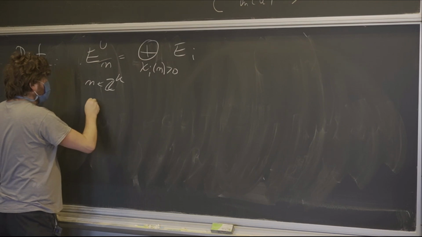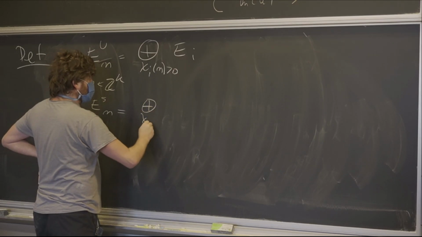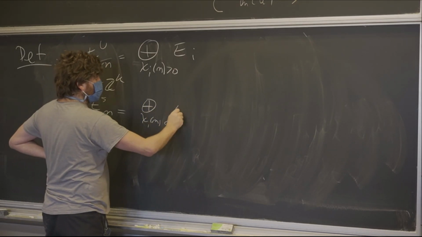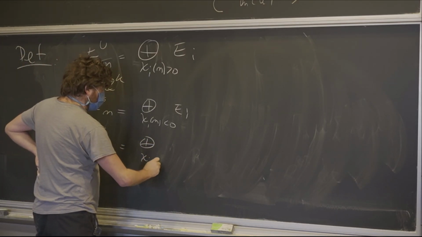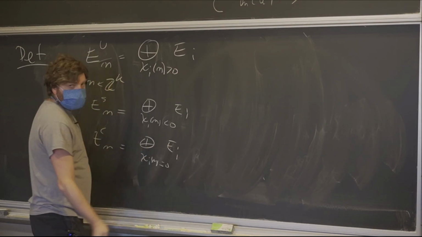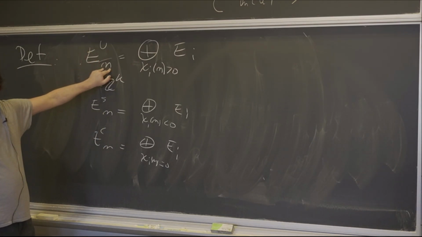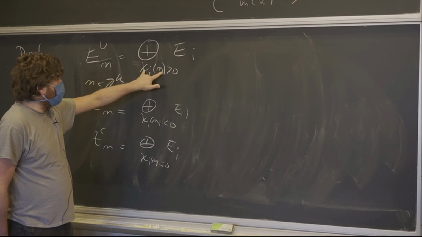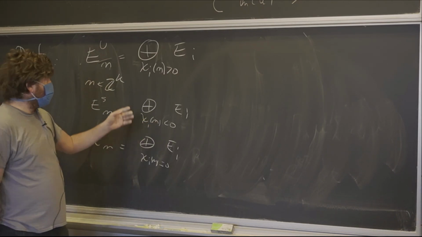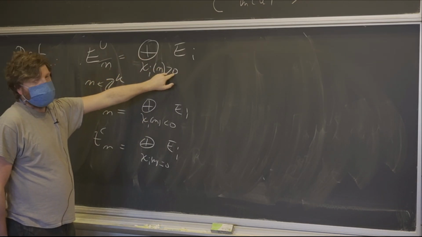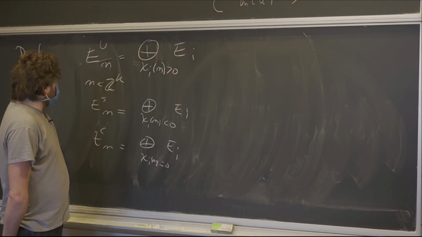Naturally E^s(n) is the same thing, with chi_i(n) negative, and E^c(n) is the sum of E_i with chi_i(n) equal to 0. These in principle depend on the value of n, but you see that being positive is locally constant. So if you move a little bit, this will not stop being negative or positive. And essentially, typically you will have the same guy.